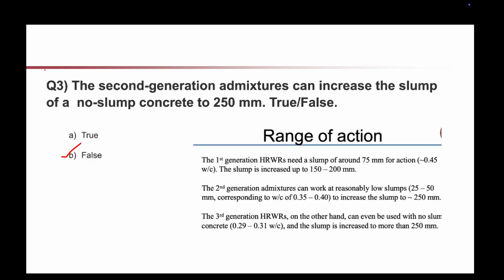The slump of a no slump concrete to 250 mm would come under the later generation. The second generation can increase the slump of a no slump concrete to 50 mm. It is a false statement because it usually works at a low slump of 25 to 50 mm.